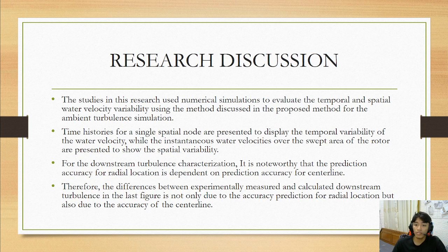For the downstream turbulence characterization, it is noteworthy that the prediction accuracy for radial location is dependent on prediction accuracy for centerline. Therefore, the differences between experimentally measured and calculated downstream turbulence in the last figure are not only due to accuracy of prediction for radial location, but also due to the accuracy of the centerline.